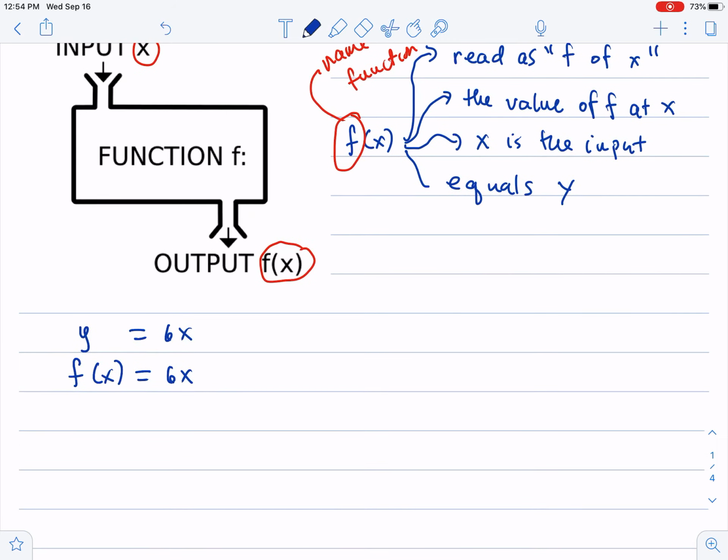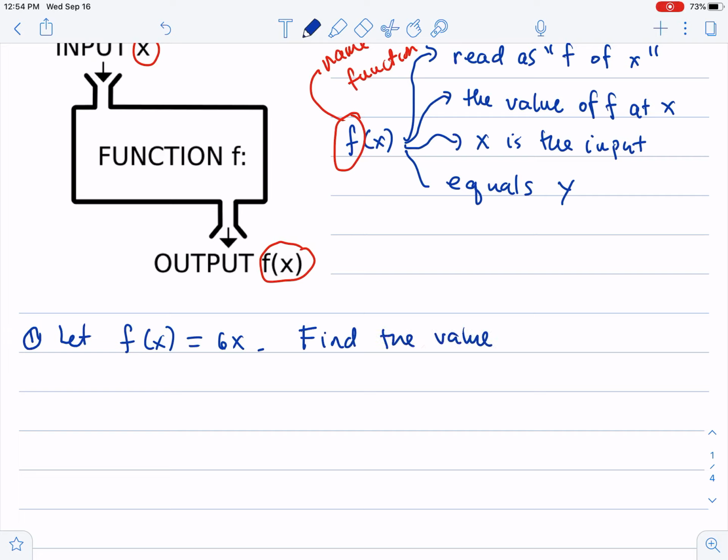Sabi natin dito, the meaning of f of x is the value of f at x. So, for number 1, using the f notation, how do we find the value of f at x equals 7? Okay. Ibig sabihin lang yan, isa-substitute natin yung 7 doon sa x.